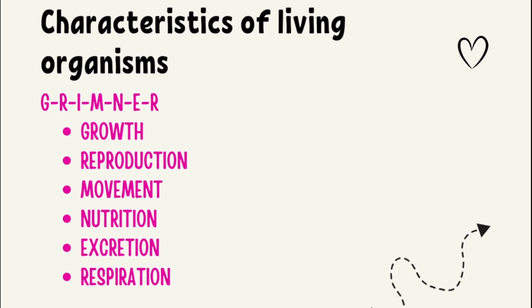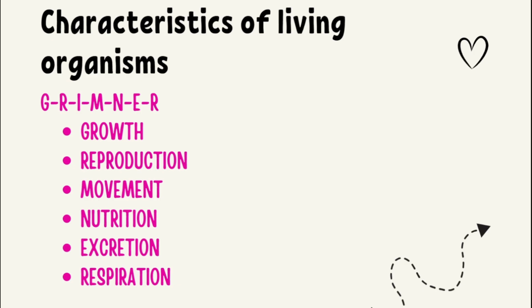Then we're going to talk about reproduction. If something is living, it needs to be able to reproduce and produce more offspring. And then I, which is missing on here, is irritability, also called sensitivity. In order for something to be living, it has to be able to respond to stimuli.